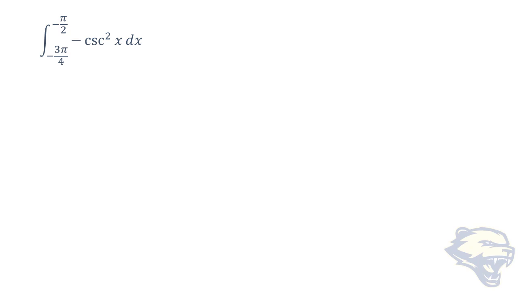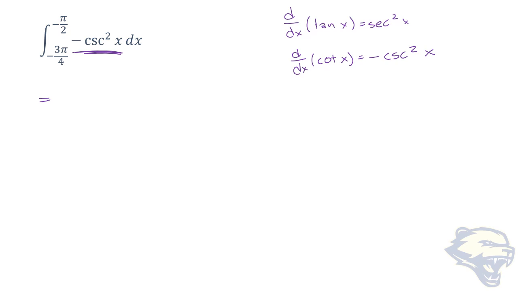Remember that the derivative of tangent is secant squared. So likewise, the derivative of cotangent x is negative cosecant squared x. So since this is negative cosecant squared x, my antiderivative is positive cotangent of x.